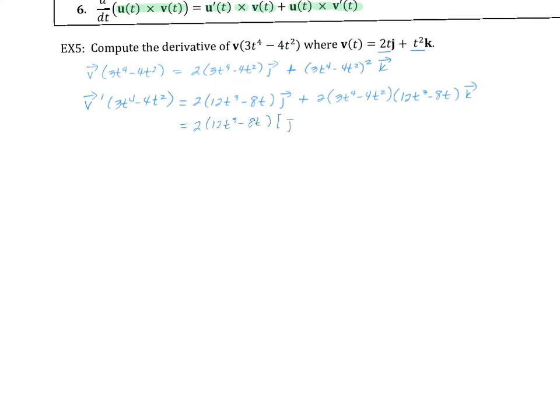So this would just be j plus parentheses 3t to the 4th minus 4t squared k.